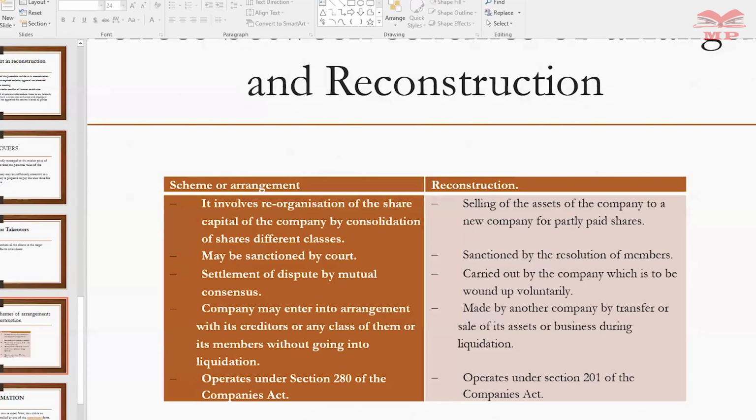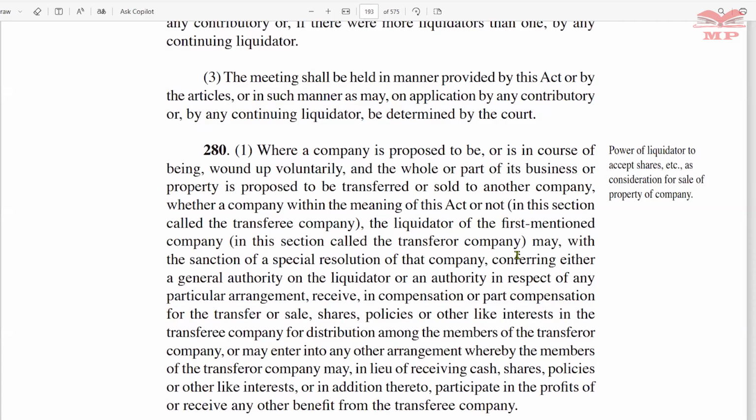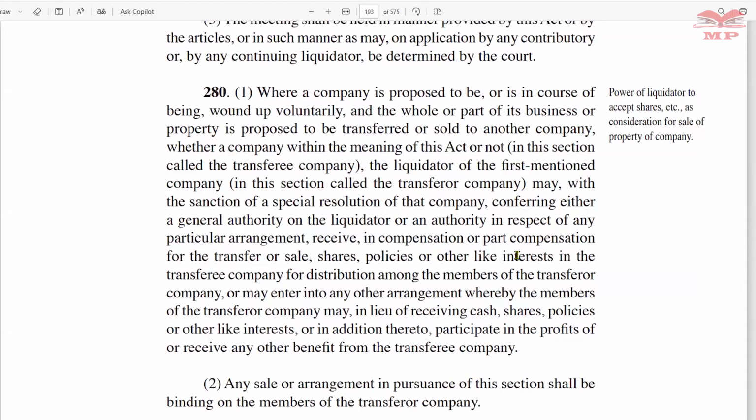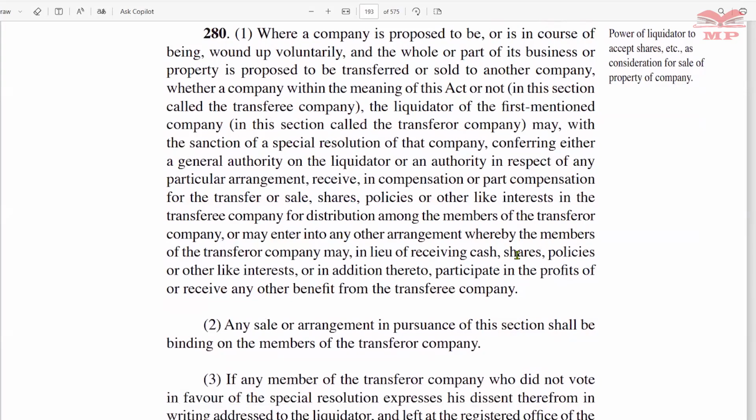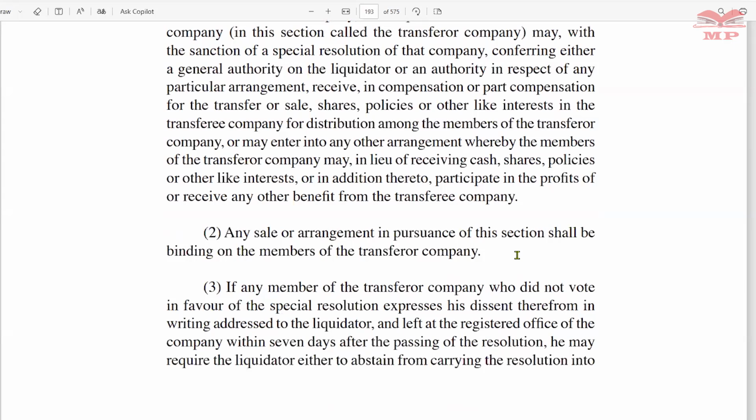Section 280 talks about the powers of the liquidator to accept the shares as consideration for sale of property of a company. It provides that where a company is proposed to be or is in the course of being wound up voluntarily, and the whole or part of its business or property is proposed to be transferred or sold to another company, whether a company within the meaning of this act or not, with the sanction of a special resolution of that company, conferring either general authority in respect of any particular arrangement, any sale or arrangement shall be binding.